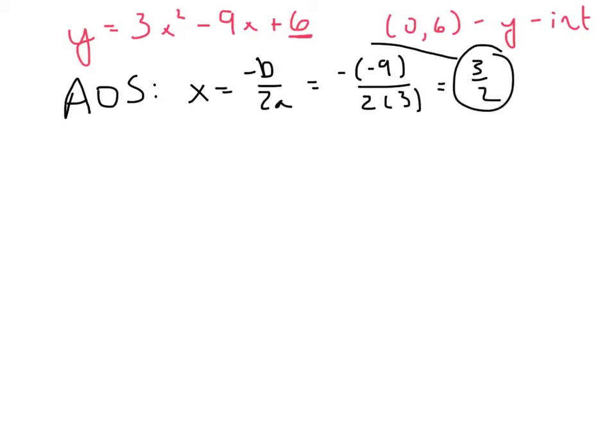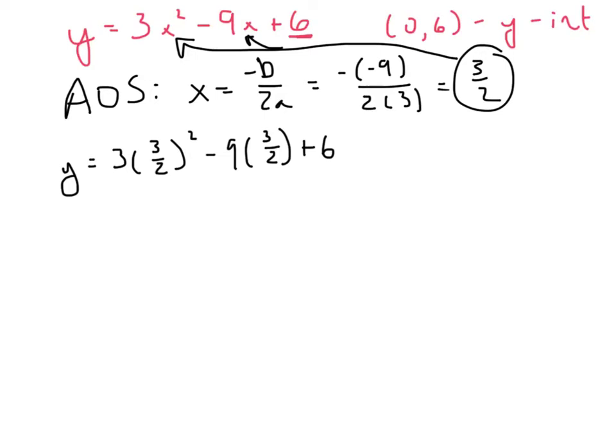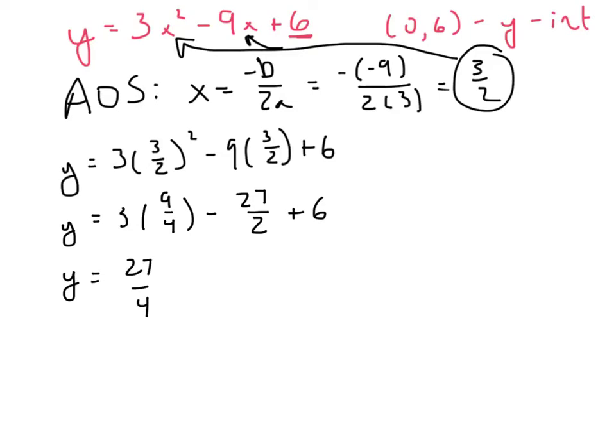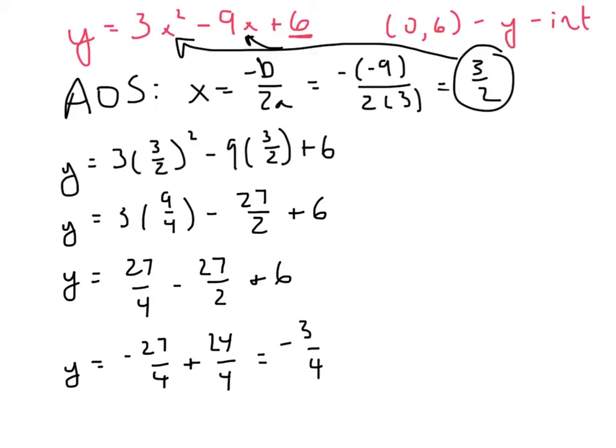And I can take that and plug it back in to find the y-coordinate of my vertex. So here I've plugged it in everywhere, and then I do my calculations. Okay, y equals 3 times 9/4 minus 27/2 plus 6. So y equals 27/4 minus 27/2 plus 6. y equals -27/4 plus 24/4, which is going to be negative 3/4.